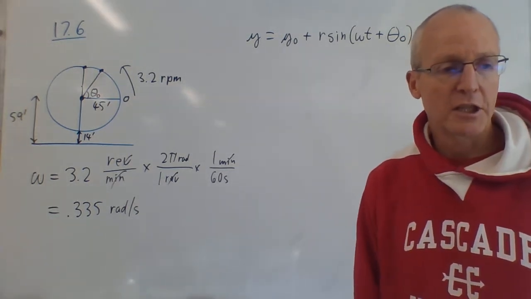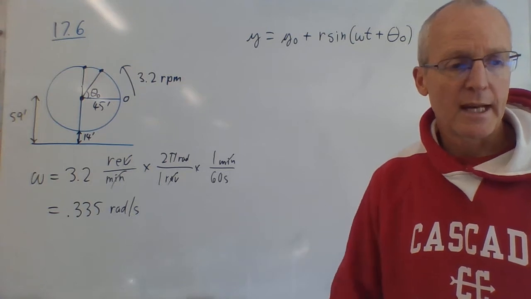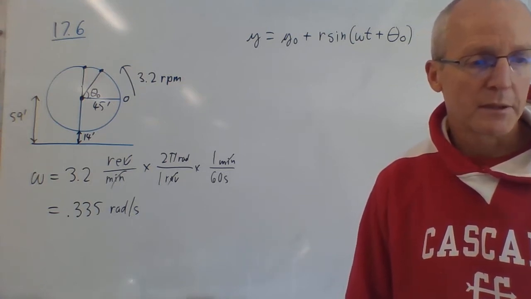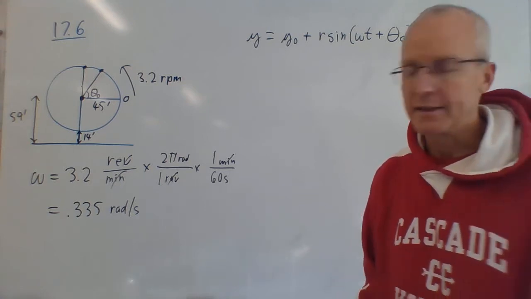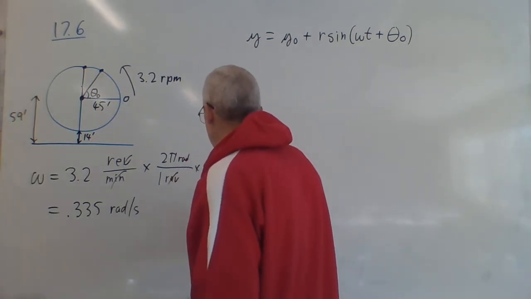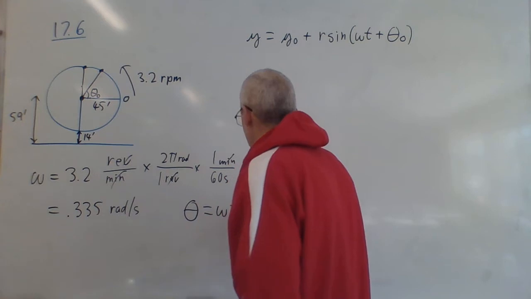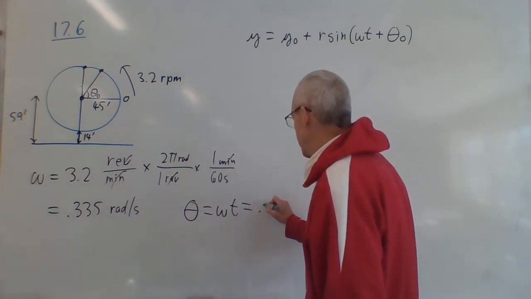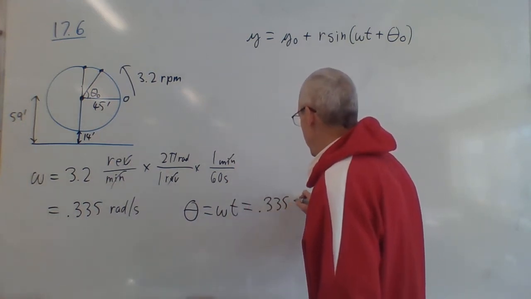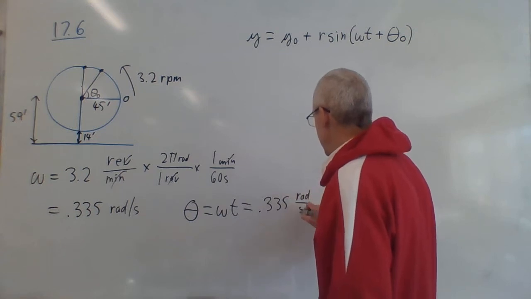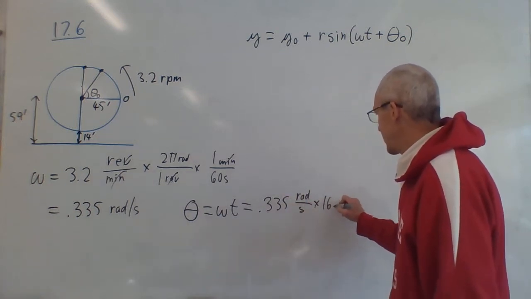All right, so in 16 seconds, how far does she go? How many radians does she go? We know she's going to end up at the top. So the angle she goes, theta, is omega t: 0.335 radians per second times 16 seconds.